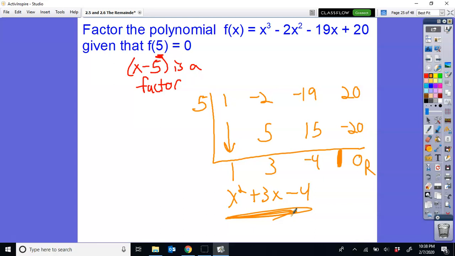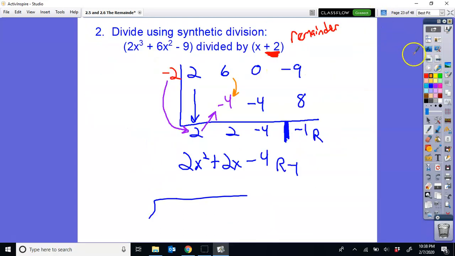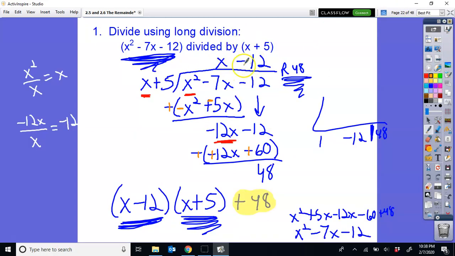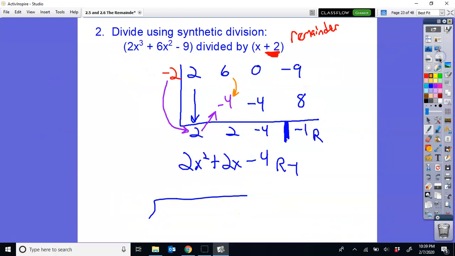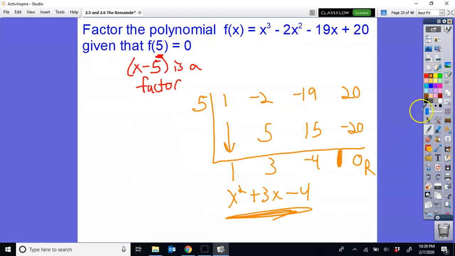This problem wants me to factor this. So think back over here to what we did with regular division when they didn't have a remainder of 0. We said that if you divided by x plus 5 and got x minus 12 with a remainder of 48, that means x minus 12 times x plus 5 plus the remainder is what you started with right here. Well, the same thing applies here, but now it's even better.